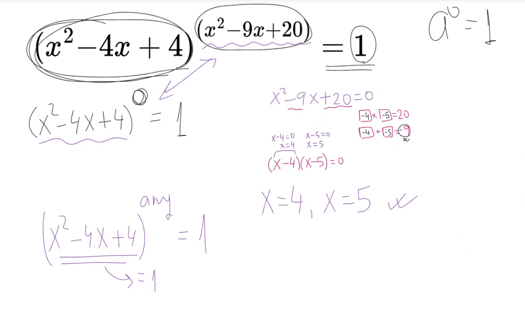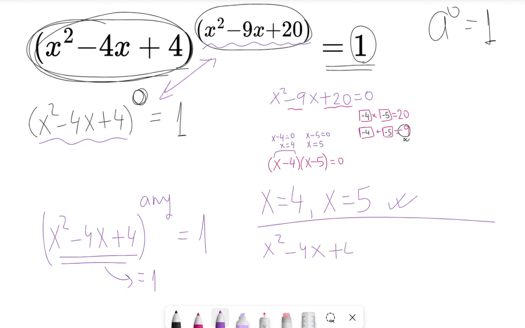Then that means x squared minus 4x plus 4 is equal to 1.